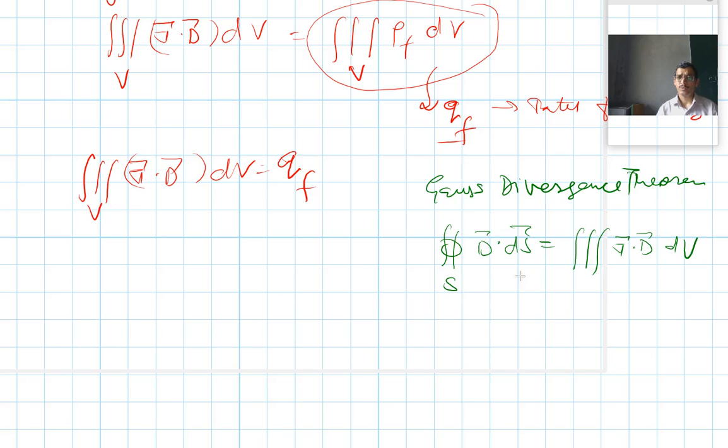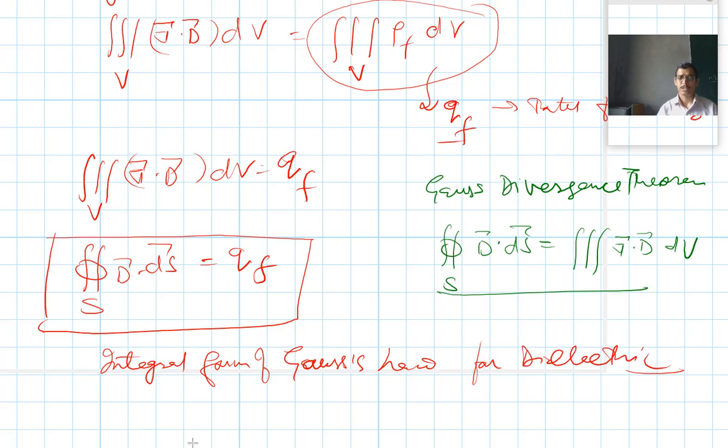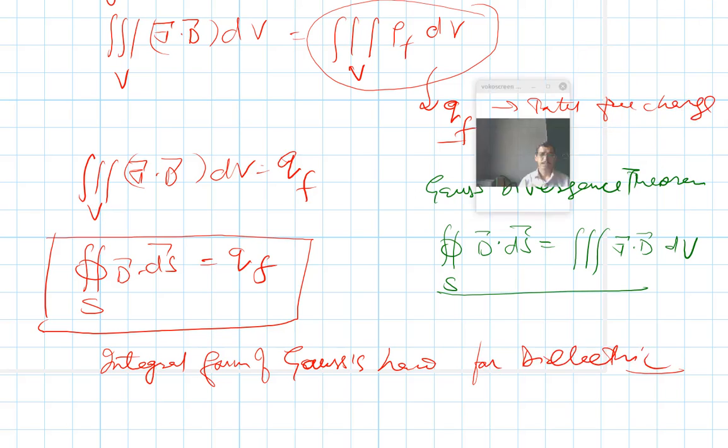If I use this here, then the closed surface integral of D dot dA is equal to Q f. So this is the integral form of Gauss's law for dielectric. So that's all for this lecture.